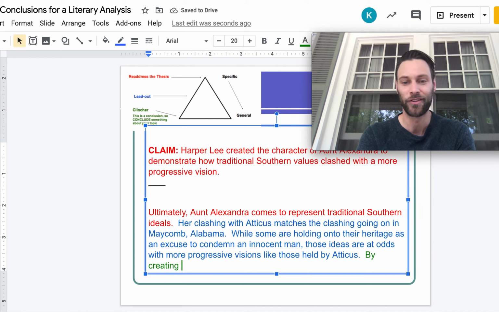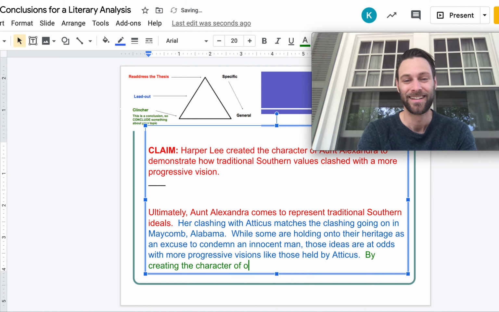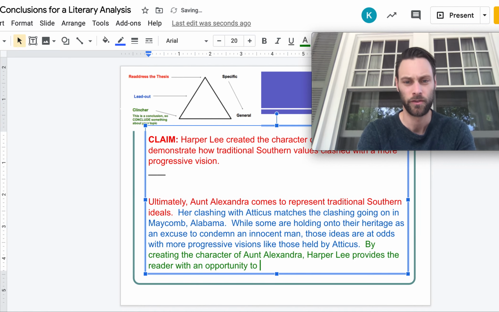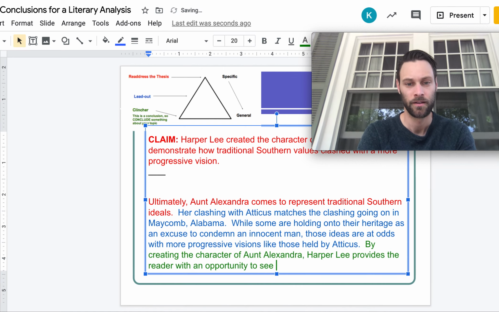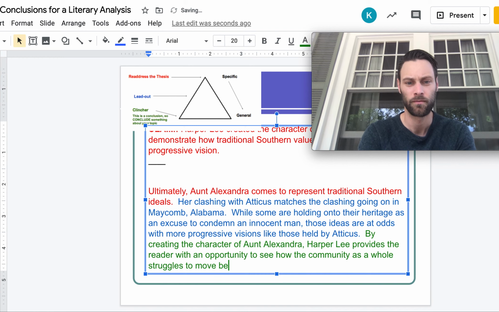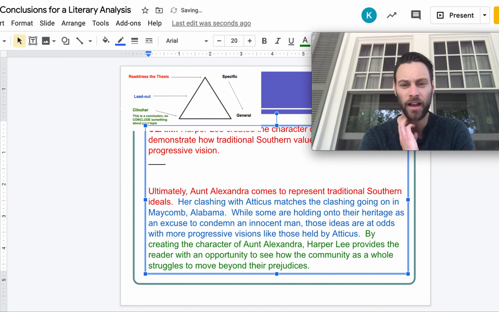What have I concluded after all of this hard work? I've concluded that by creating character Aunt Alexandra provides the reader with an opportunity to ultimately, I think that's what I concluded, is she's representing one particular type of thinking, and I think that's totally fine to end that here.